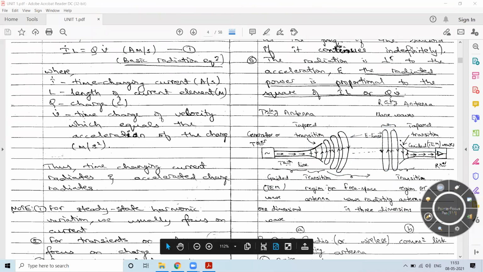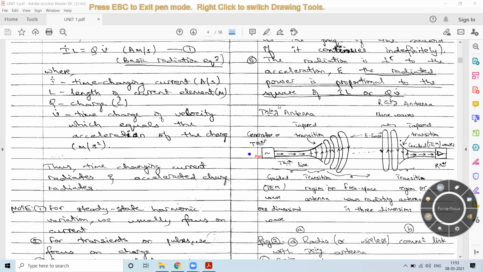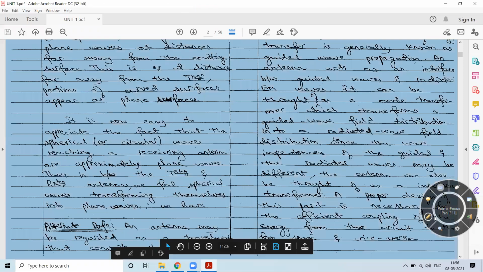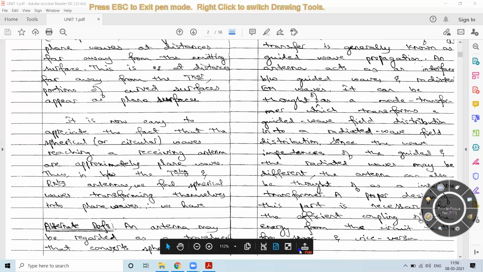So we have an alternate definition of antenna, that is, an antenna can be regarded as a transducer.